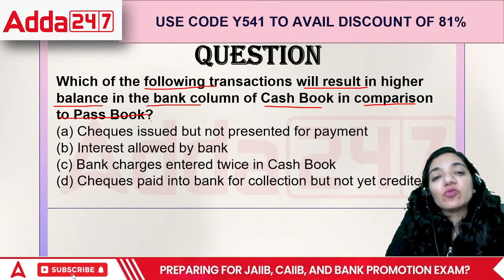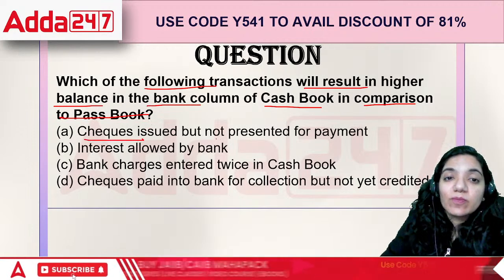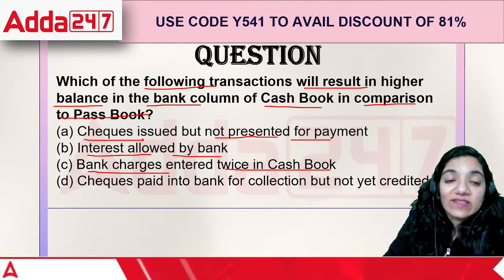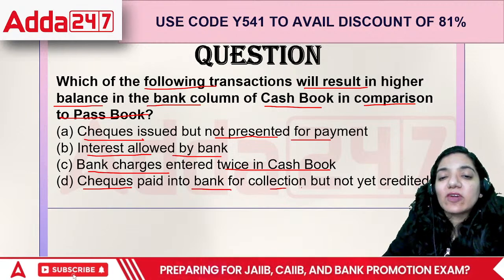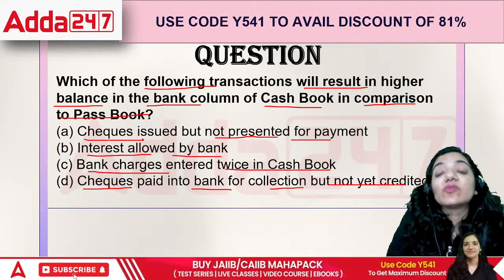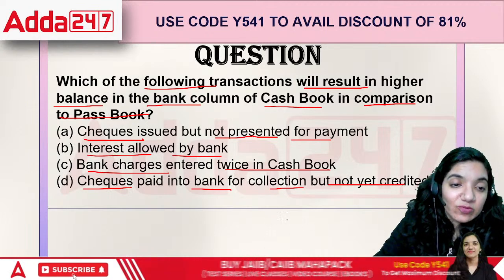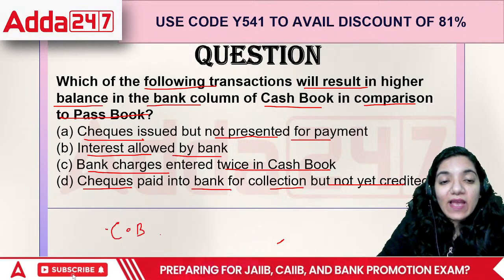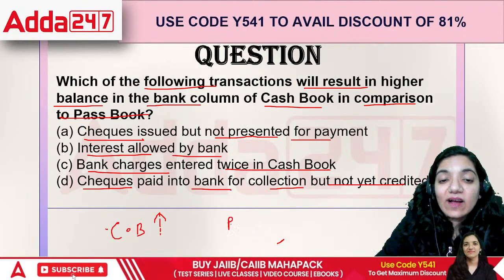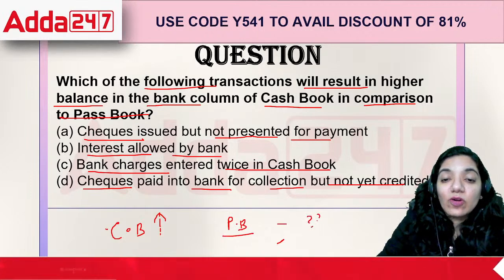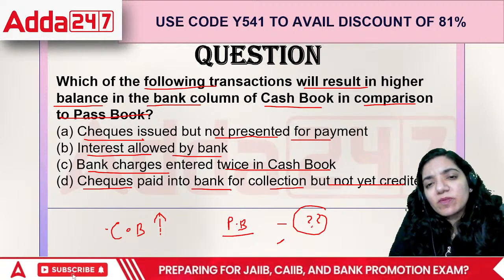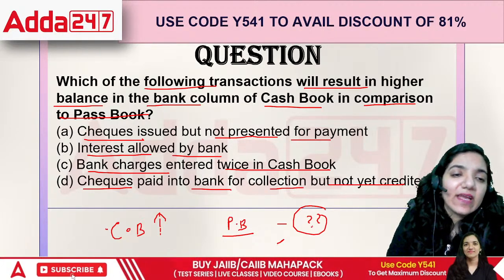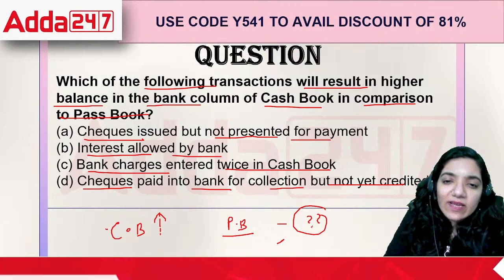The options are: check issued but not presented for payment, interest allowed by the bank, bank charges entered twice in the cash book, or check paid into the bank for collection but not yet credited.